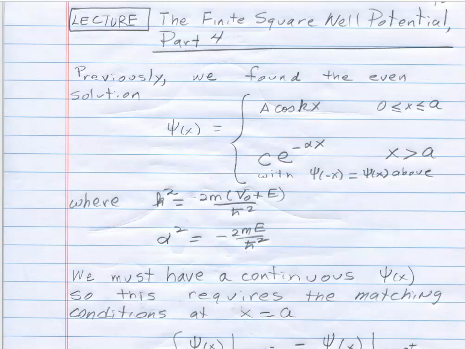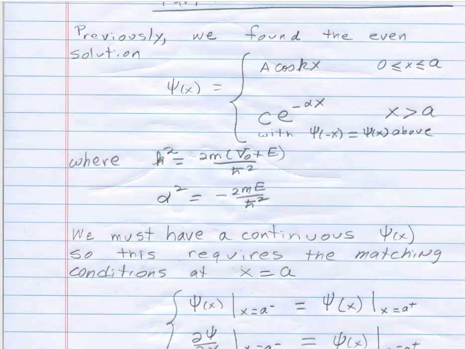And as usual, we require our wave function to be continuous, so we need to match up the two solutions above and here. And I also need to make sure that the first derivatives are continuous across this interface at x equal to a.